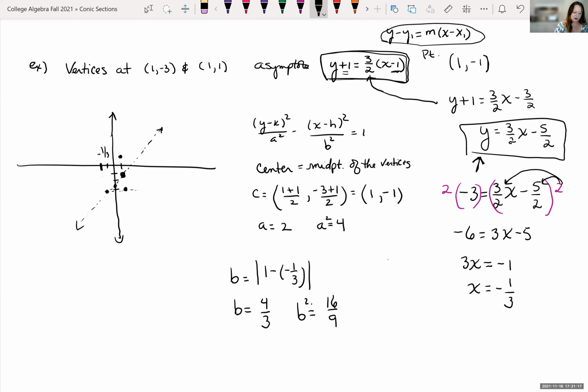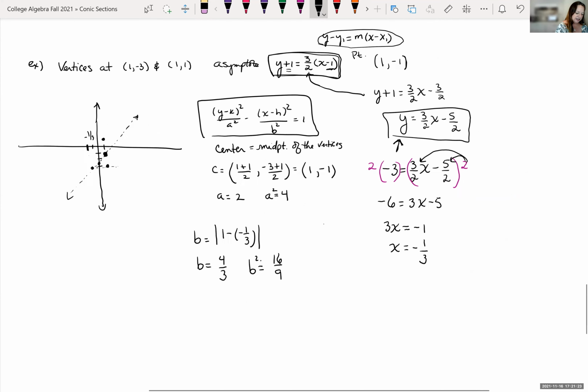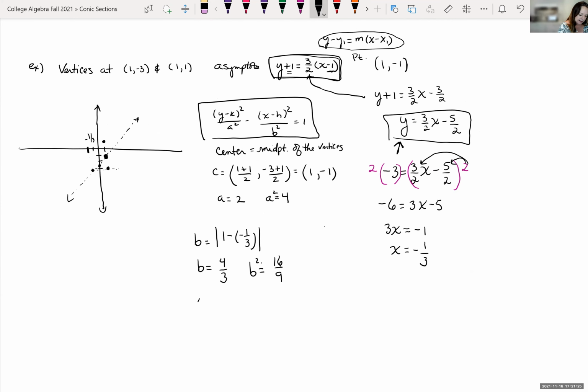Okay, so now we have our information that we have our equation of this hyperbola. So we have y minus k, so we have y minus our center. Let's find our center again. Our center was 1, negative 1.